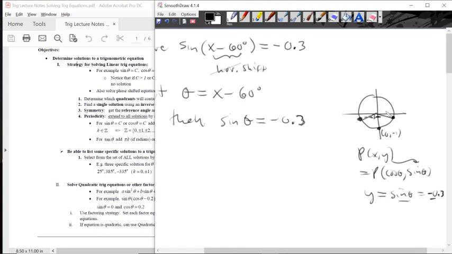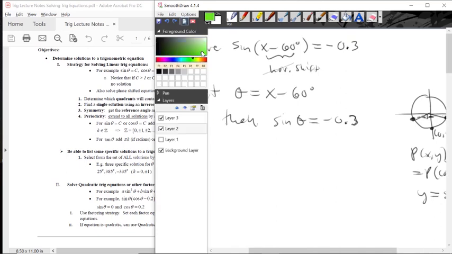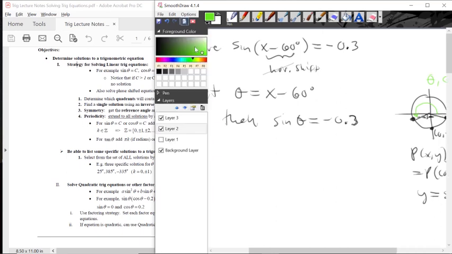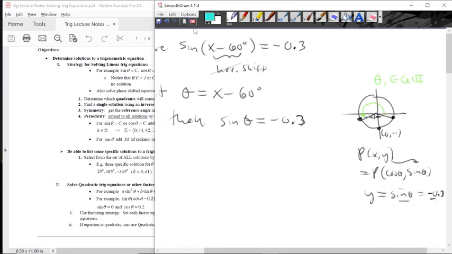So we can already see there's going to be a solution found in quadrant 3. I'll call that theta 1. And there's going to be a solution found in quadrant 4. Call that theta 2.